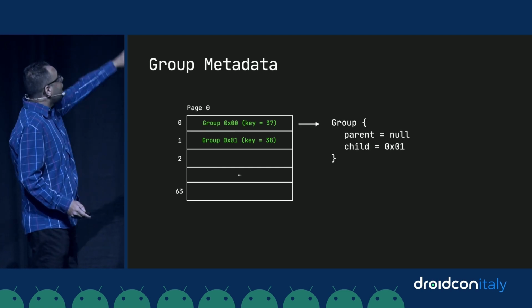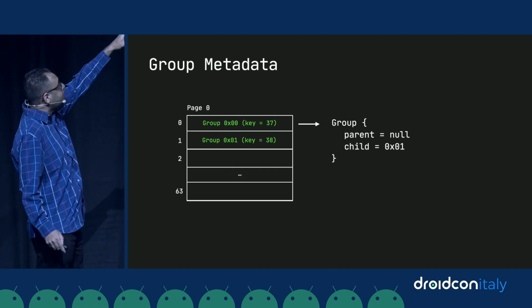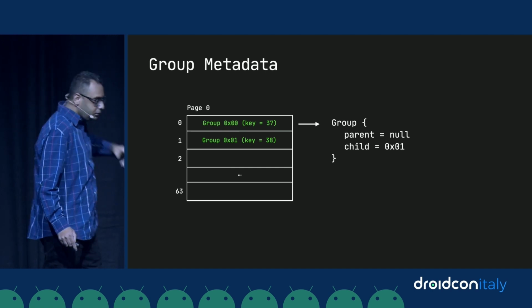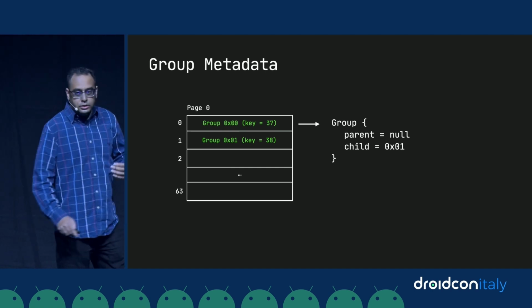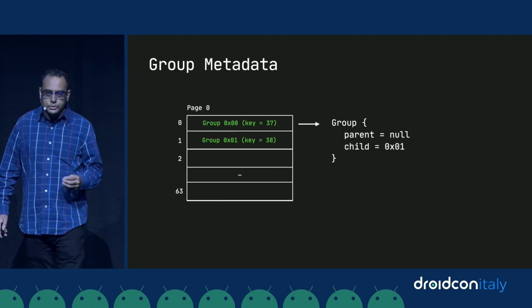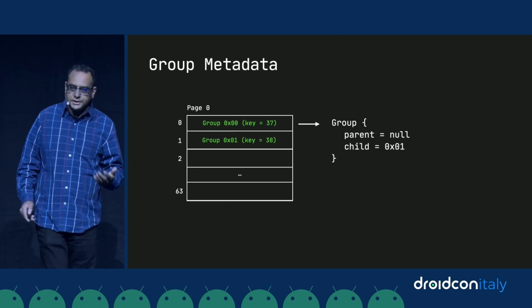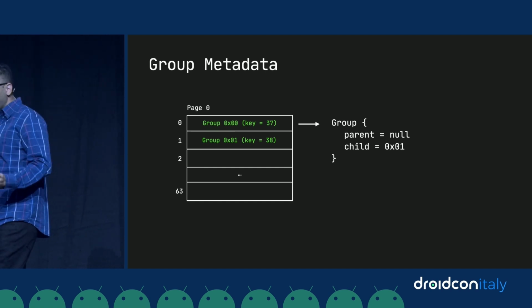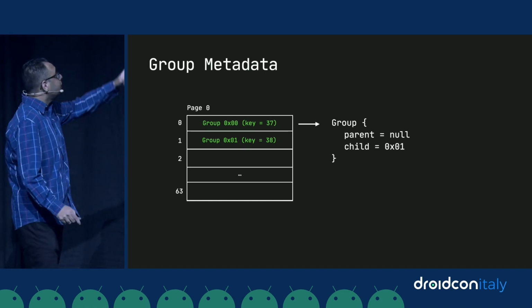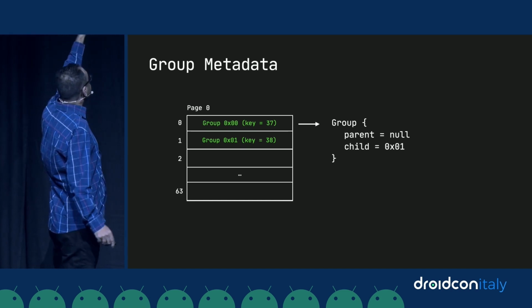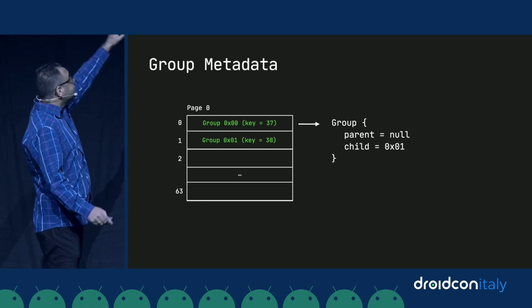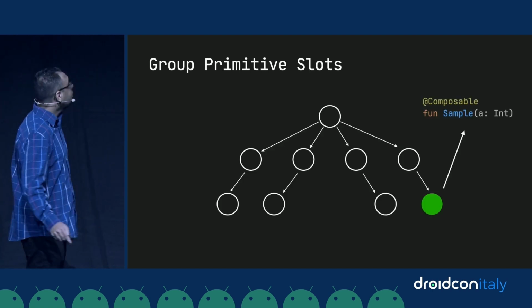So what you'll see is that each group has information on what's the parent and what's the child. Now, in this world, information is stored using something called group addresses, which are hexadecimal values, binary values underneath. And for example, 1 is the hex value for the child. So that's the metadata for that group.